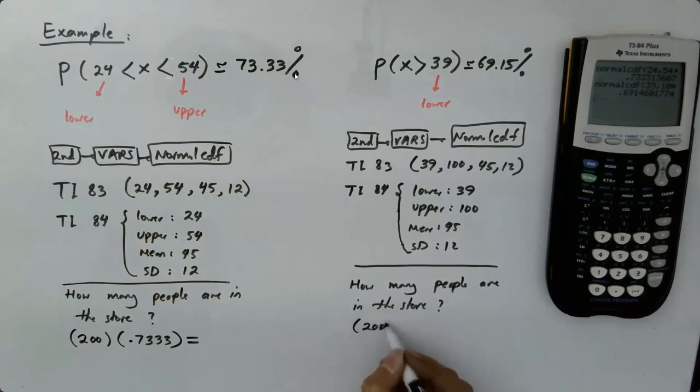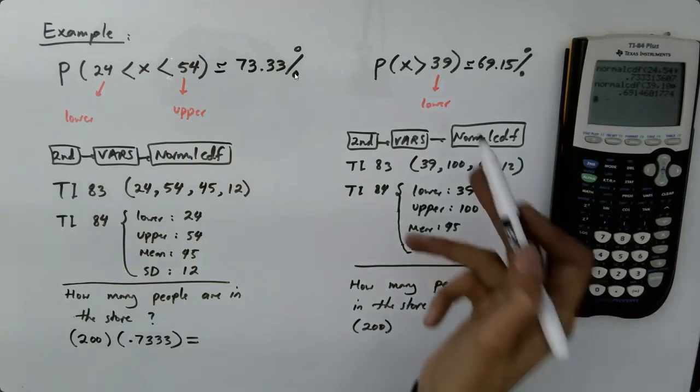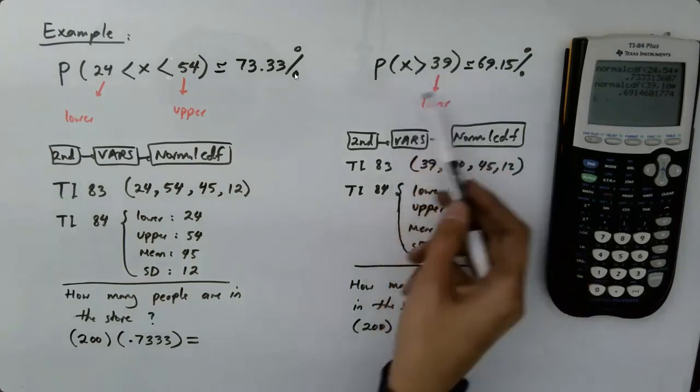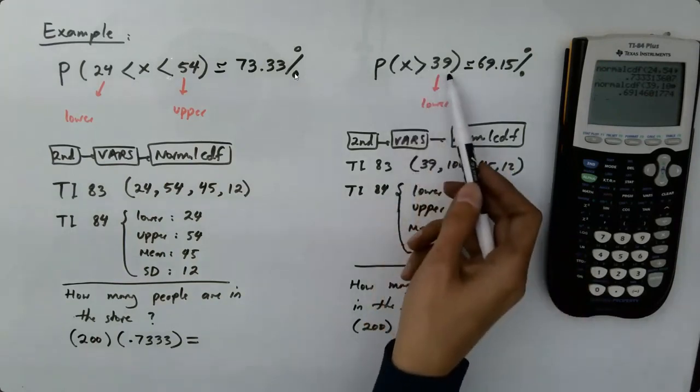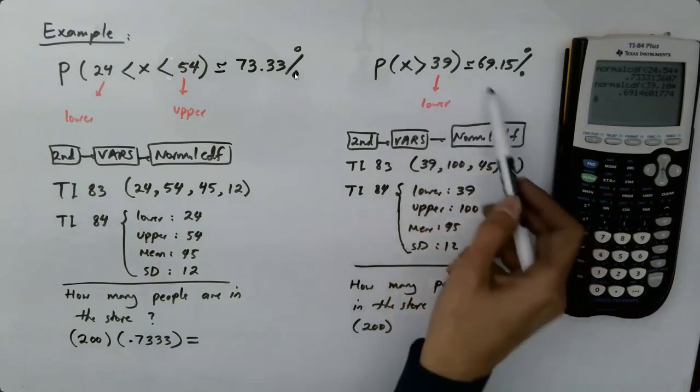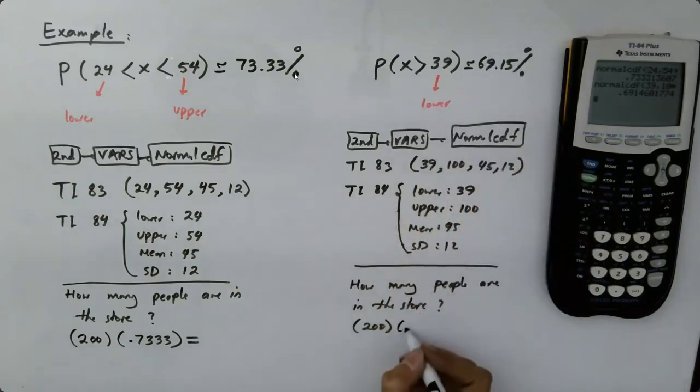The same as here. If you assume 200 people entered the store, how many people spent more than 39 minutes? We have the probability, it is 0.6915. Very good.